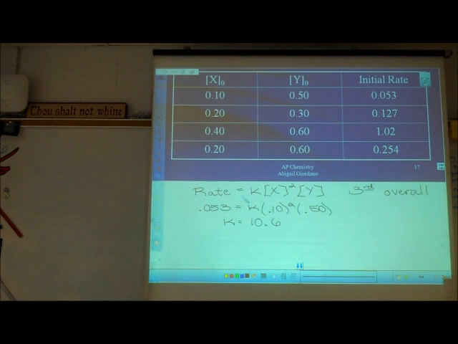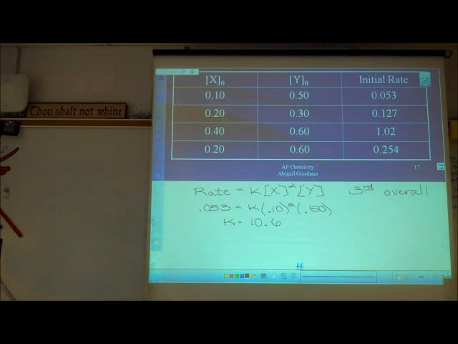Here's the thing. Although k, that rate constant, may have different units for every problem, the rate itself does not have different units. Now, think about it from a physics perspective. When you write a rate or a speed in physics, what's a really common unit that you use? Meters per second.